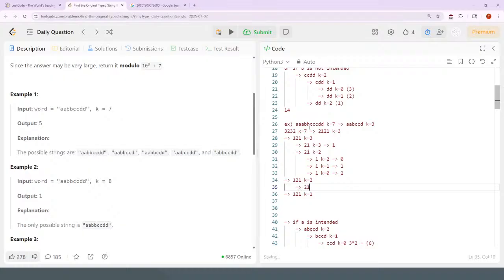And then here's 2, 1, k equals 2. See, none was intended, then it's 2, 1, k equals 2. And I just solved it up here. 2, 1, k equals 2 is going to be 3 as above. Or if one of them was intended, 2, 1, k equals 1.